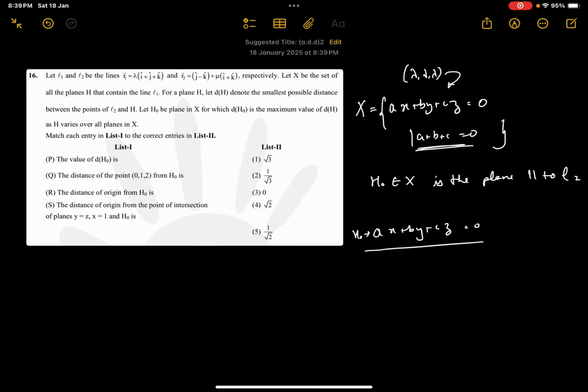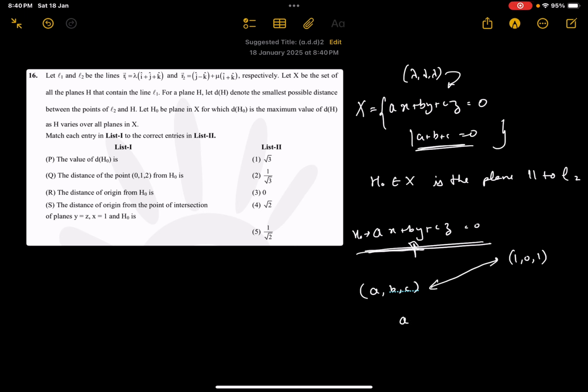The line is along the vector 1 comma 0 comma 1, and if it's parallel to this plane, that means this vector is perpendicular to the vector normal to this plane. We know this vector is normal to this plane, which means this vector must be perpendicular to that vector as well. That means the dot product of these two vectors must be 0.